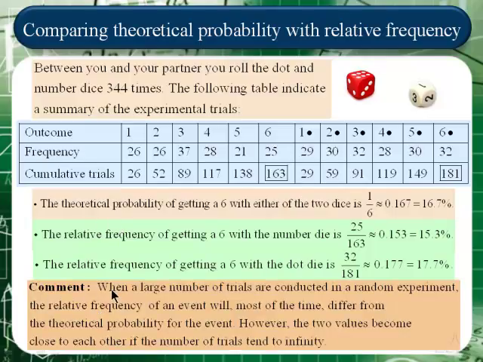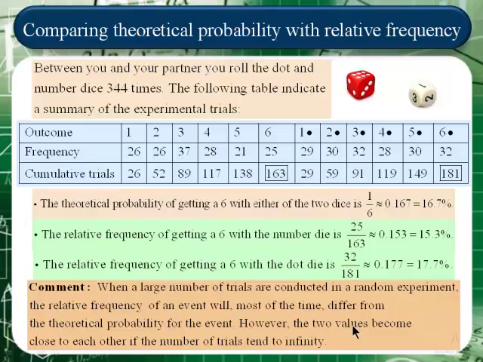So what do we find? What comments can we make? When a large number of trials are conducted in a random experiment, a reasonably large number of trials, the relative frequency of an event most of the time differs from the theoretical probability of the event. In both cases it's different. In one case it's slightly less, in the other case it's slightly more.